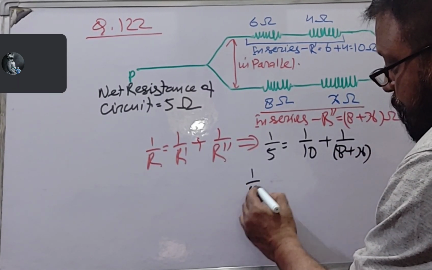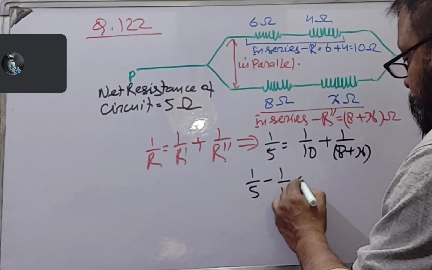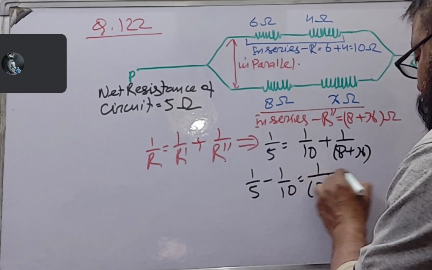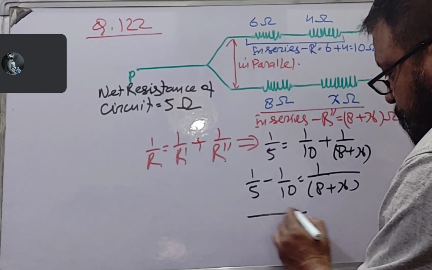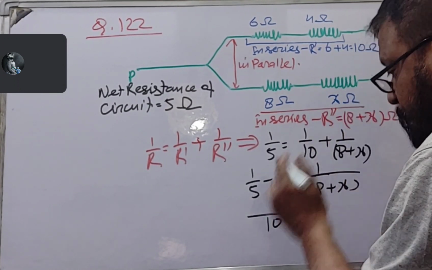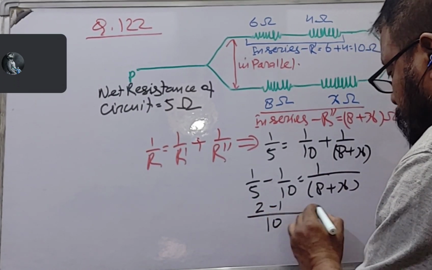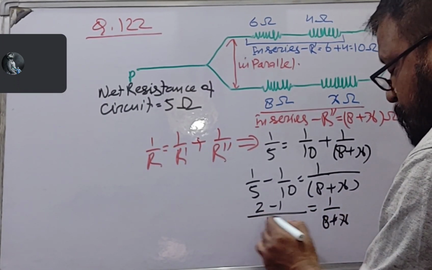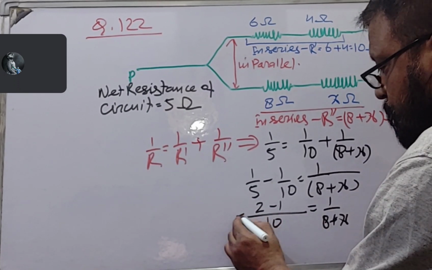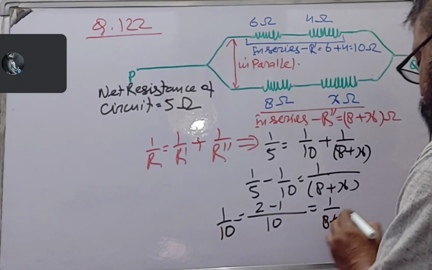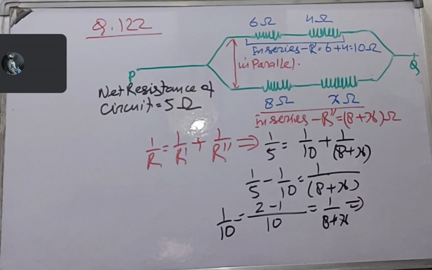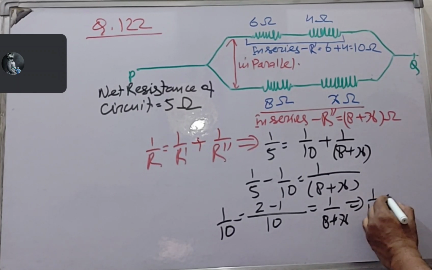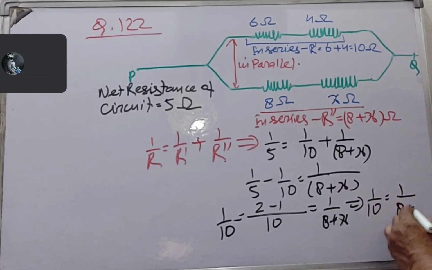So 1 upon 5 minus 1 upon 10 is equal to 1 upon 8 plus X. So we will take 10 as an LCM. 2 minus 1 upon 10 is equal to 1 upon 8 plus X. So it becomes 1 upon 10.